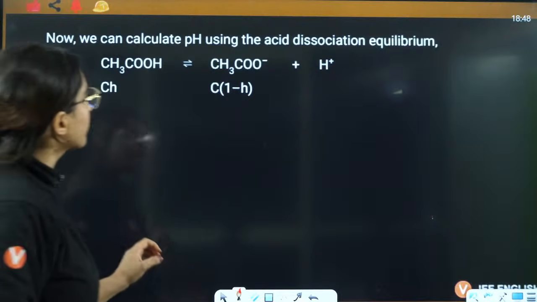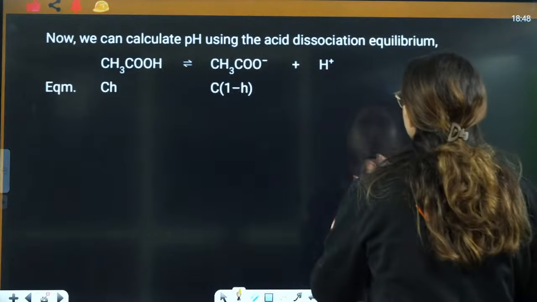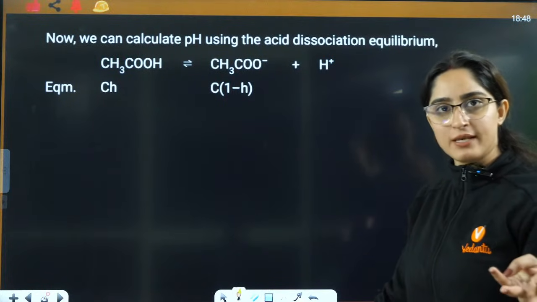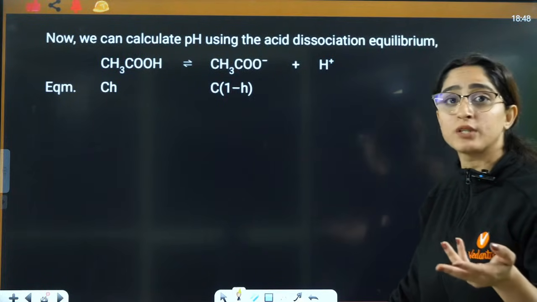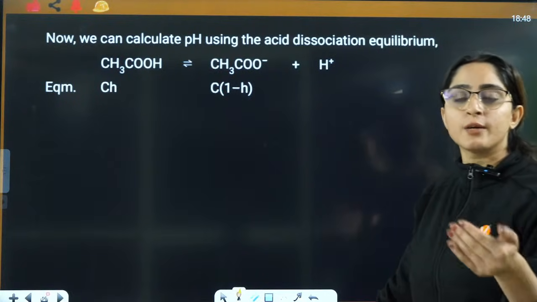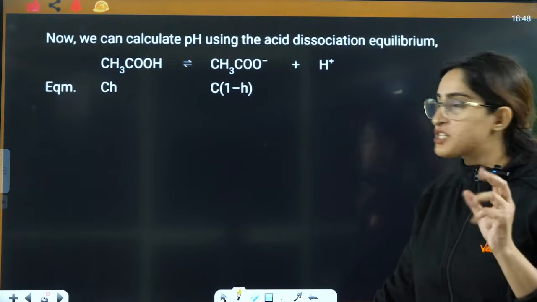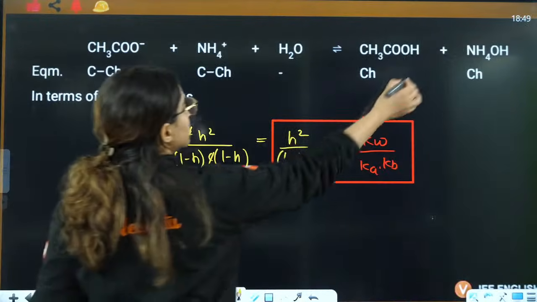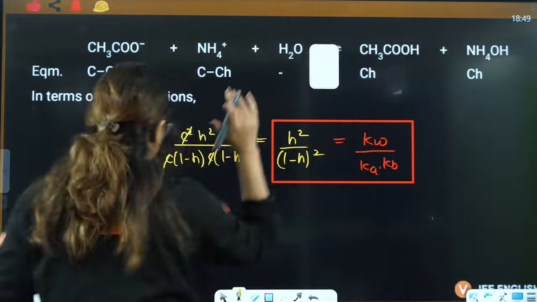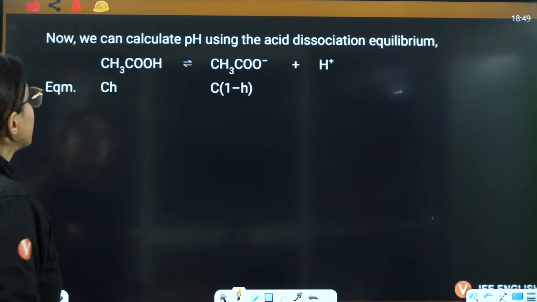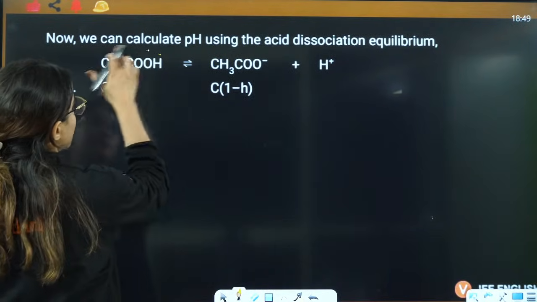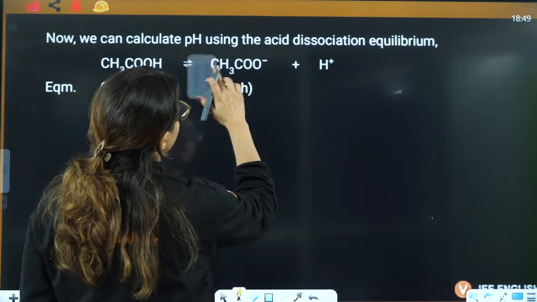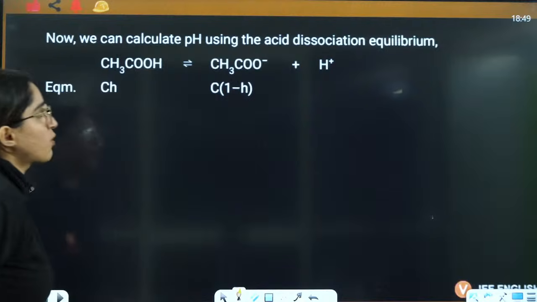Now we can calculate the pH using acid dissociation. Now you have formed acid and base. Both can dissociate because both are weak. They will not 100% dissociate, but some amount of dissociation will be there. So the product that was formed here can further dissociate. So what I'll write here is CH3COOH, which dissociates into CH3COO negative and H positive.